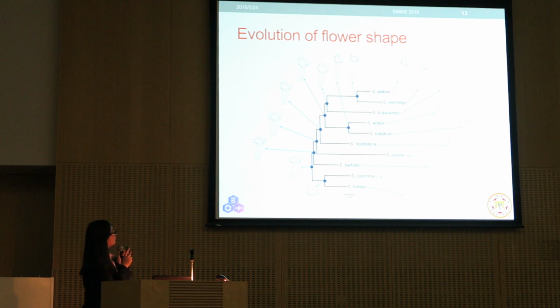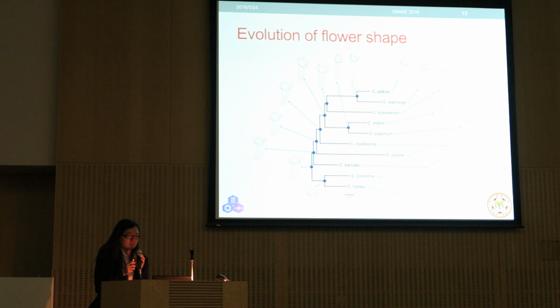For most of the flower shapes, their shape is straight and narrow, but we can look at two species that have a curved tube, but the ancestral flower shape is not displayed.